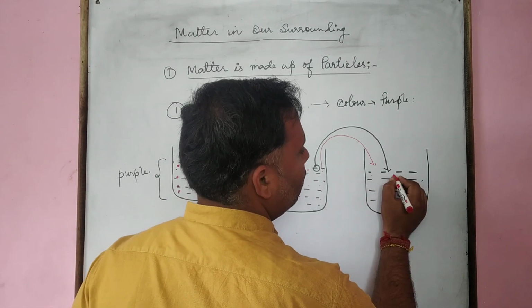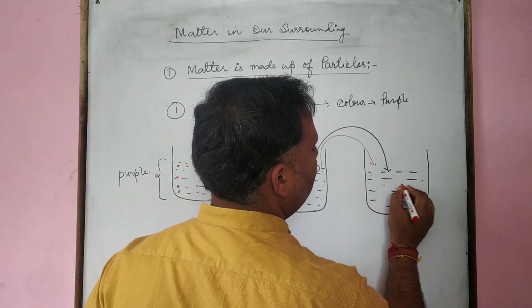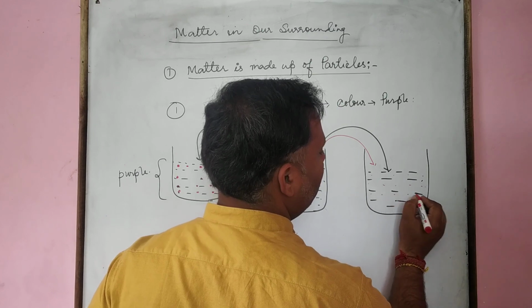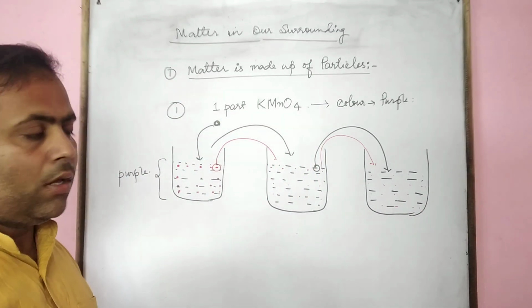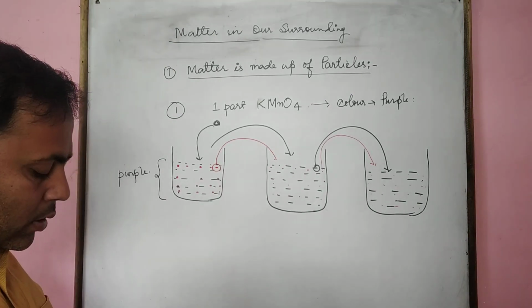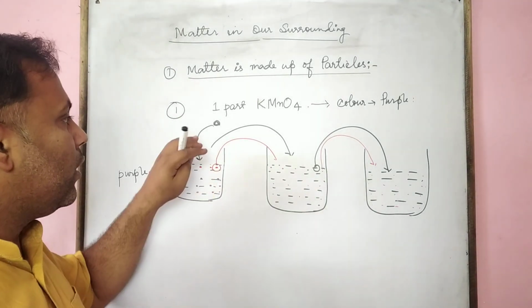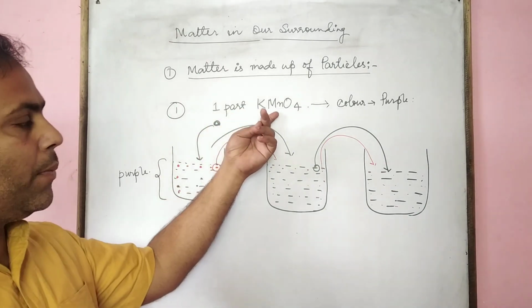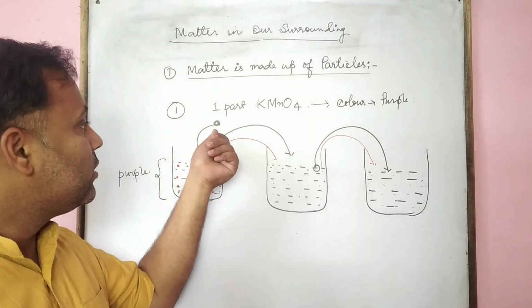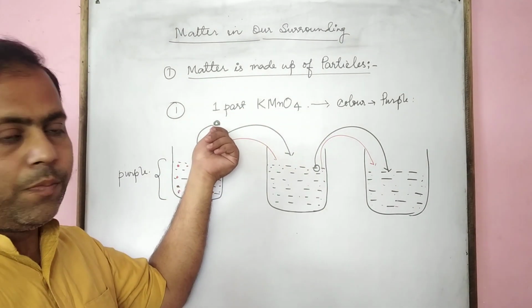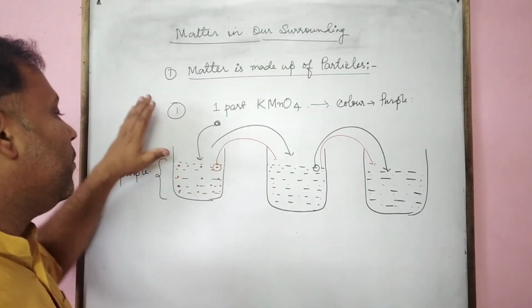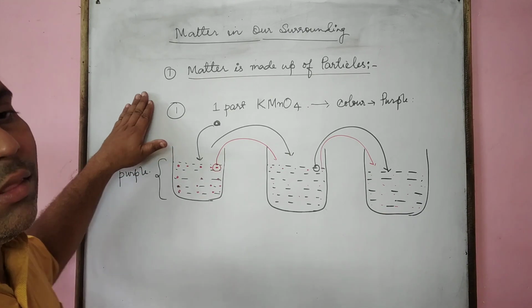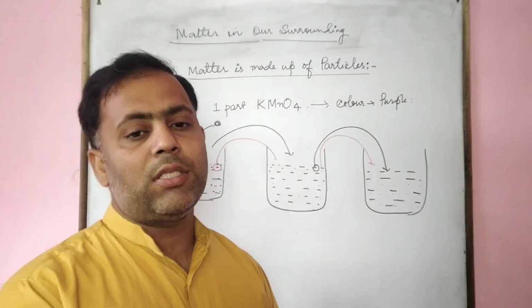When we take it into another beaker, it is further broken down. In this way, we can see that the particles are very, very small. The potassium permanganate crystal is made up of very, very small particles. By this activity, we can say that matter is made up of very small particles.